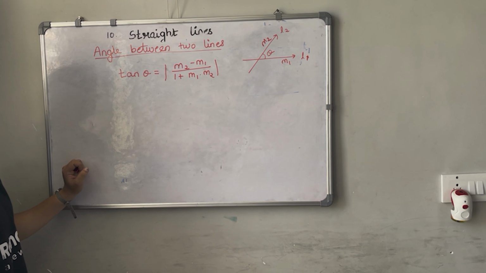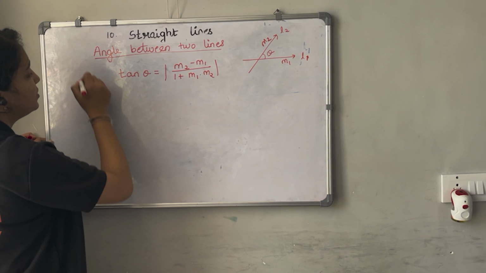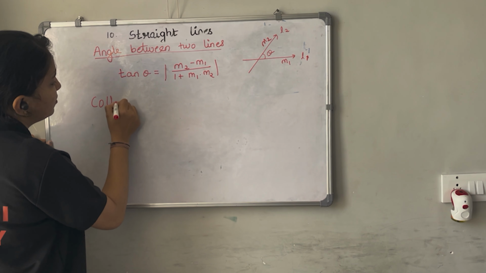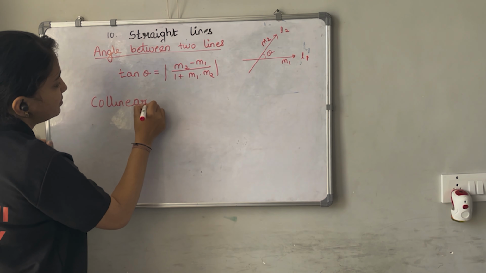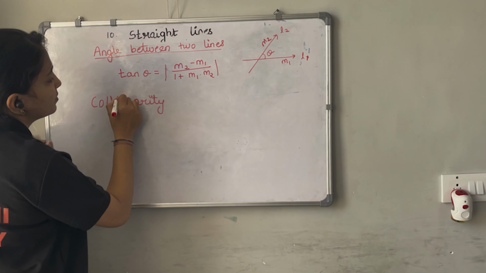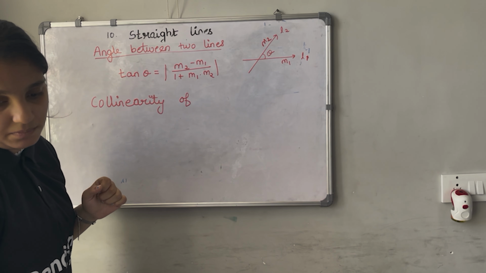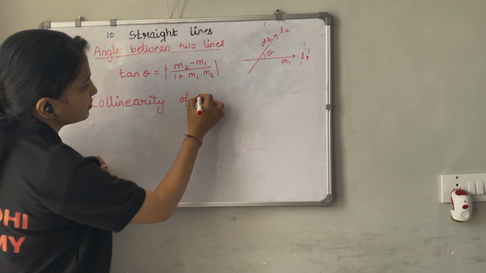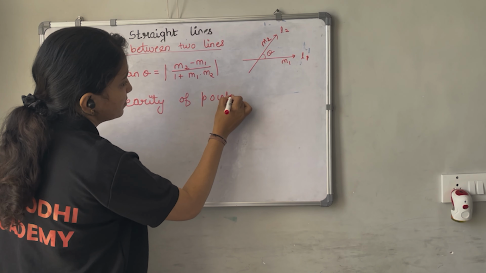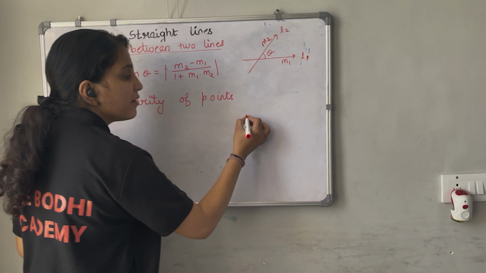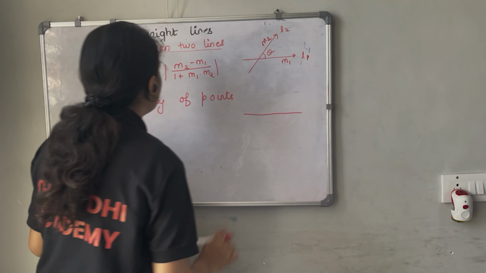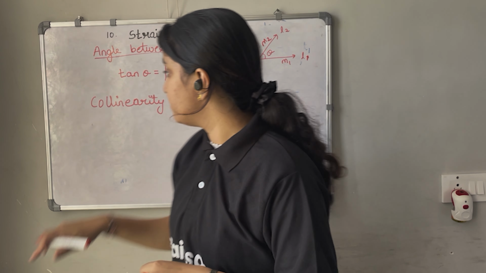Next thing which we are going to see is collinearity of the points. What do you mean by collinear?